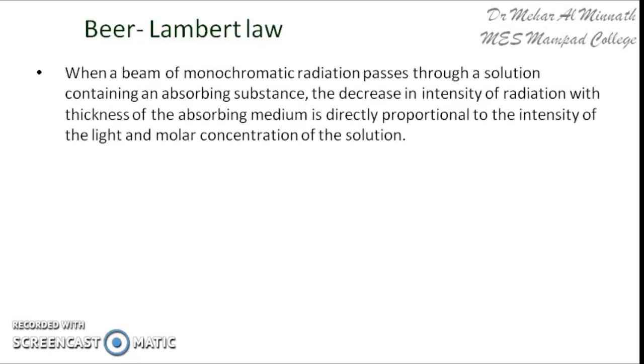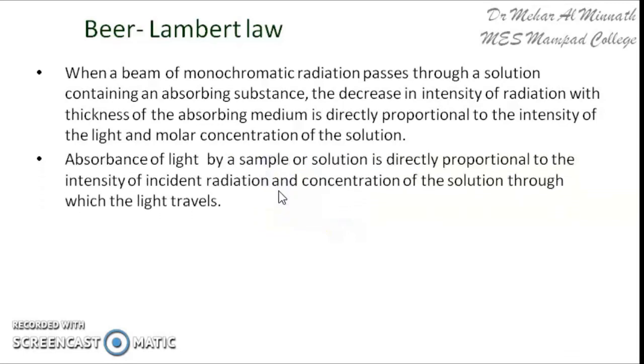Beer-Lambert law is a combination of these two. That is, Beer-Lambert's law says that the rate of decrease in intensity is proportional to the intensity of the light and the molar concentration of the solution, or absorbance is proportional to the intensity of incident light and molar concentration of the solution.